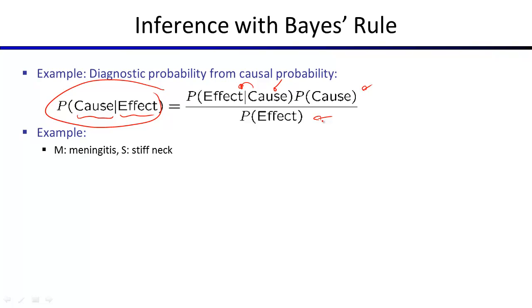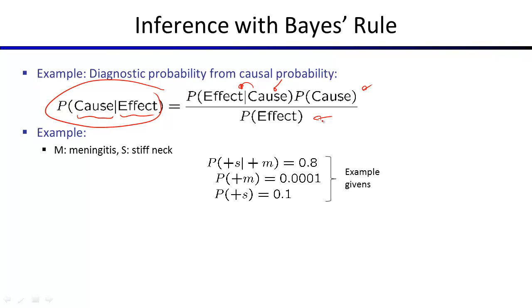So let's look at an example. Disease diagnosis. There are two random variables, M for meningitis, S for stiff neck. Let's say you are given, because those are easier to obtain, the distribution for having a stiff neck given you have meningitis. You have the prior for somebody having meningitis and the prior for stiff neck.